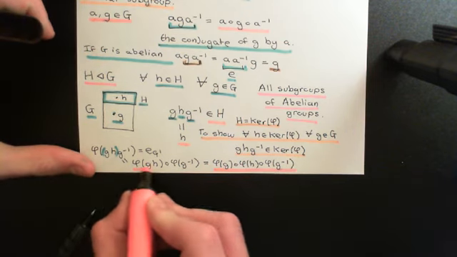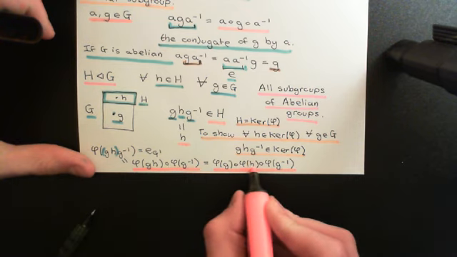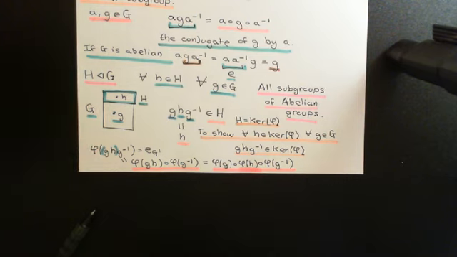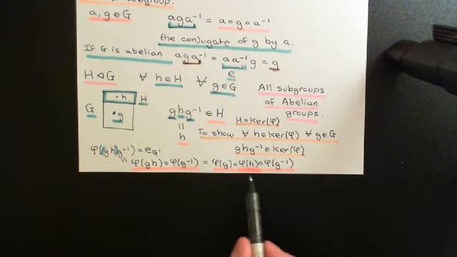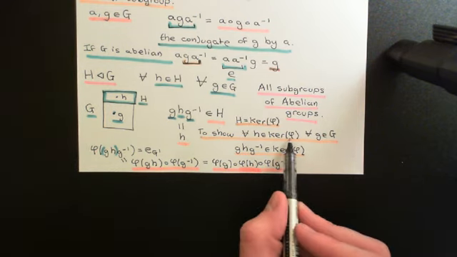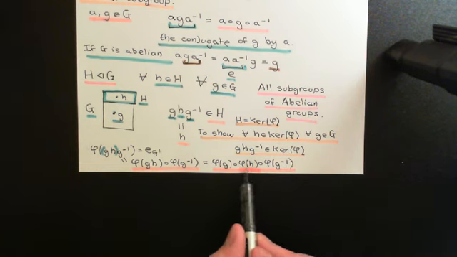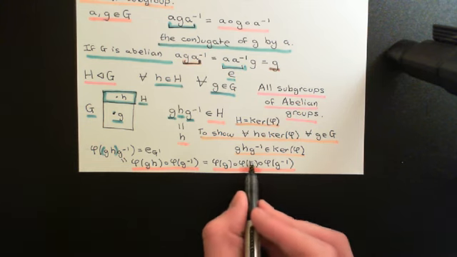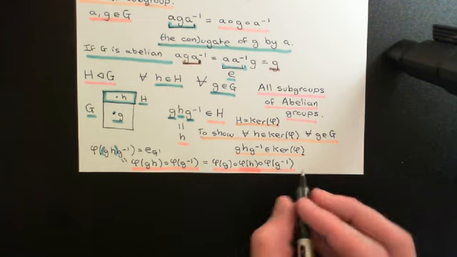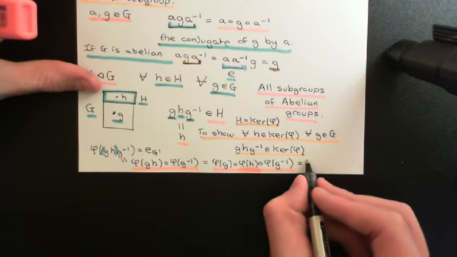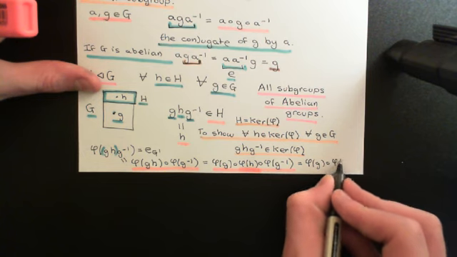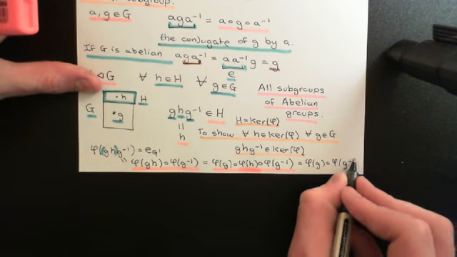The only thing that I know straight away is what phi of little h is equal to. Remember, little h was an element of the kernel of the homomorphism. So what does that mean? That it was mapped onto the identity in capital G prime. So I can replace that now with the identity in capital G prime, which means that this becomes phi of G composed with phi of G inverse.